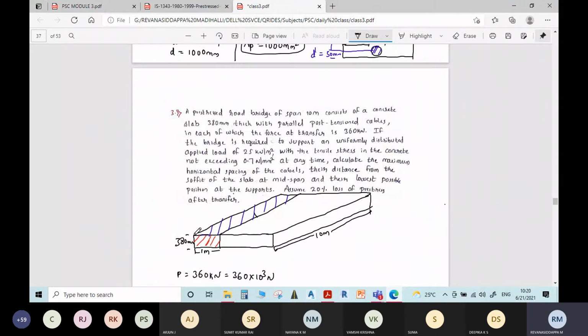How to convert? You just multiply with the width of the slab. Then it will be converted into kilonewton per meter run of the slab. Here the load intensity given on the slab is per meter square area. If you multiply with the width of the slab, then you will get load per meter run of the slab.